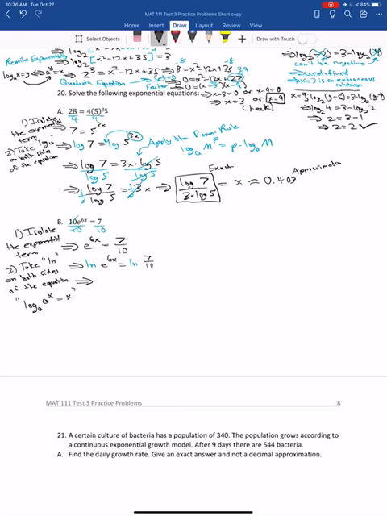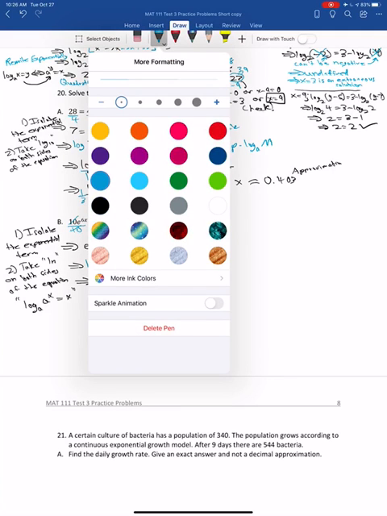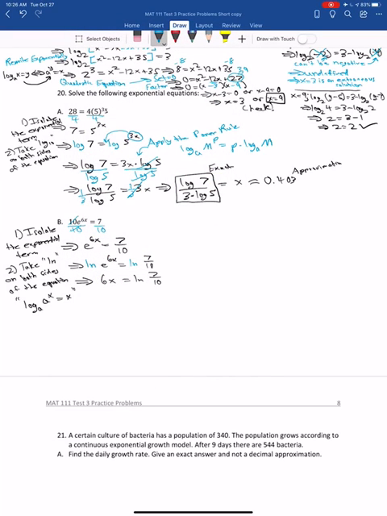So log base e of e to the 6x power simplifies to 6x. So again, that's my same base rule here. Same base. So we'll make that note here. Applying that property. Simplify.